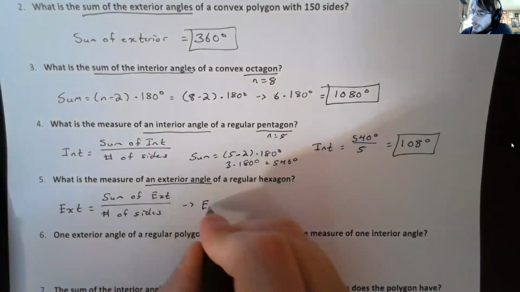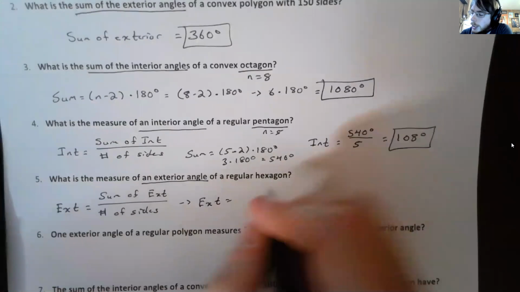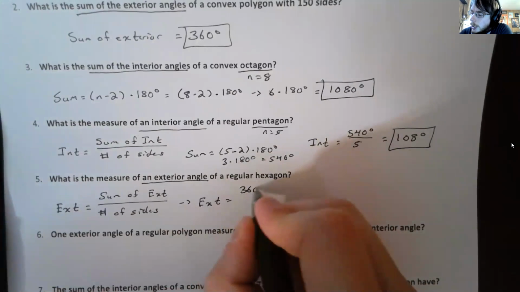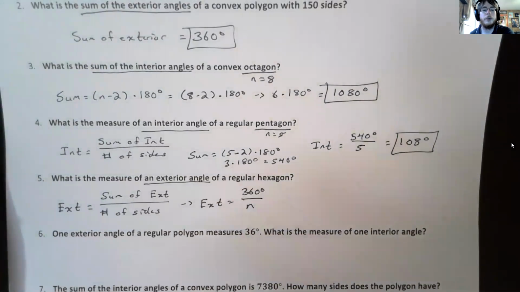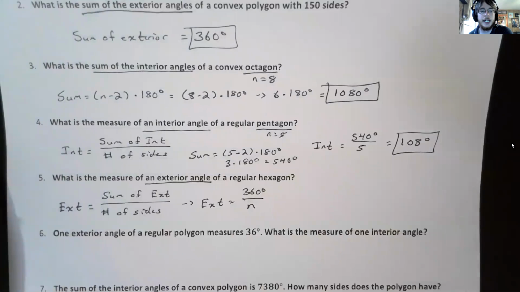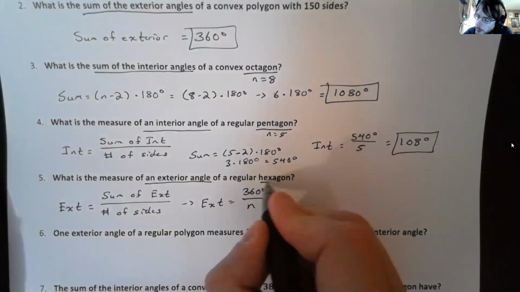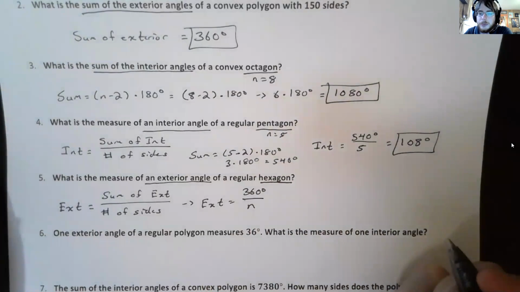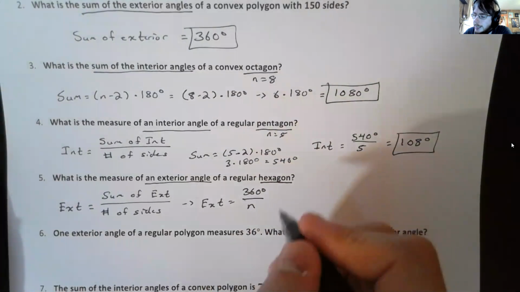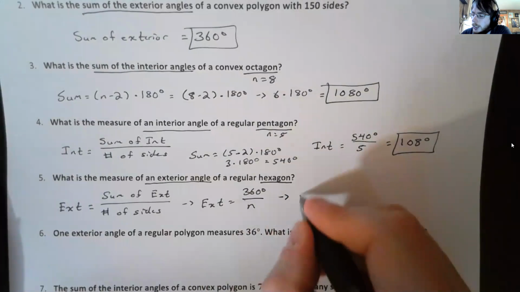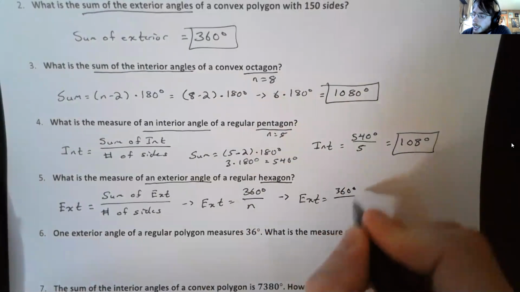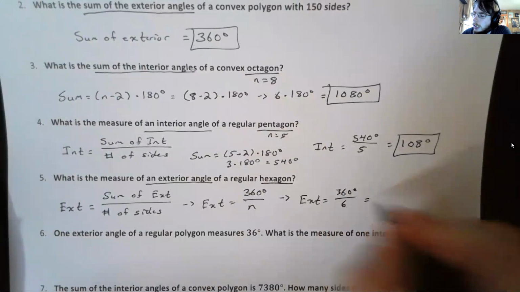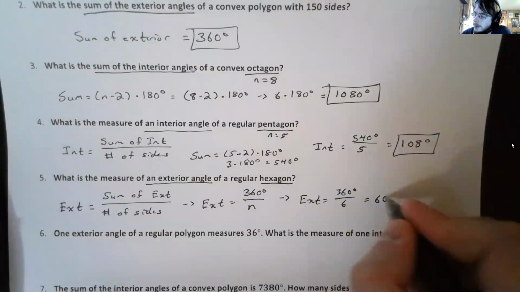So that means that the exterior angle is equal to 360 degrees divided by n. So the question remains, what is the number of sides in this problem? Well, if we look here, we see that it's a regular hexagon. And a hexagon has 6 sides. So our exterior angle of a hexagon is going to be equal to 360 divided by 6, which is 60 degrees.